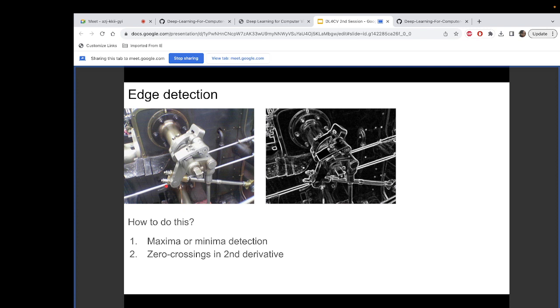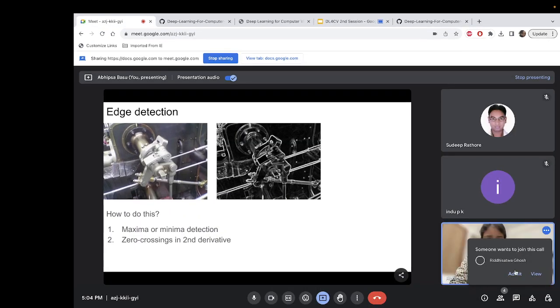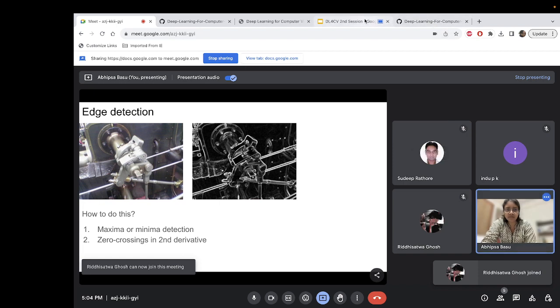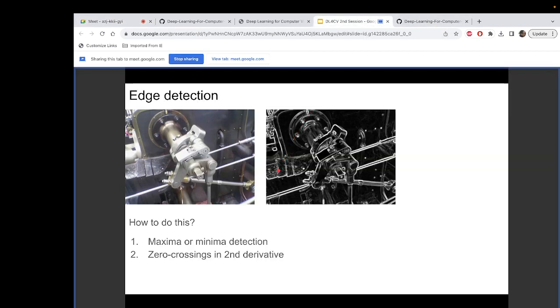Edges are very useful in multiple applications. One thing is understanding of the image by the machine. If the algorithm can point out what the edges are for a particular image, then obviously it has some understanding of that image, along with deeper understandings of things like what objects are present and how they are present in the image, and so on.